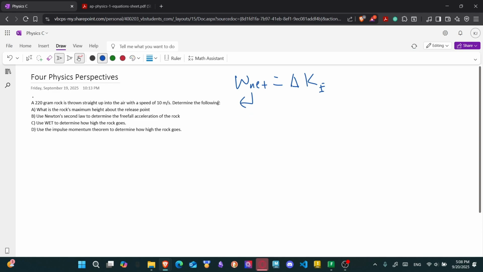The work net, all the work that is done on the object, is just the work of the force of gravity, Fg. The equation for work is W equals Fd cosine phi.